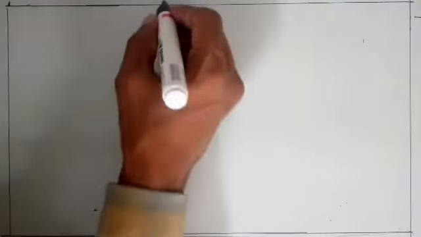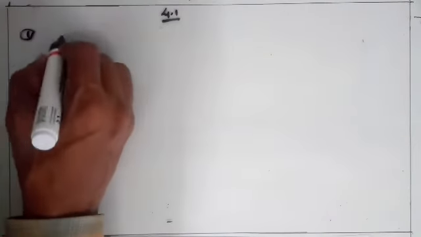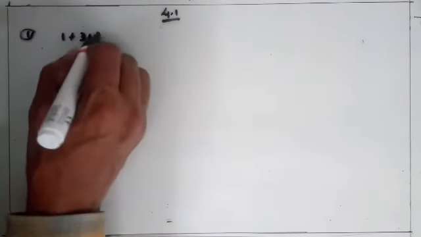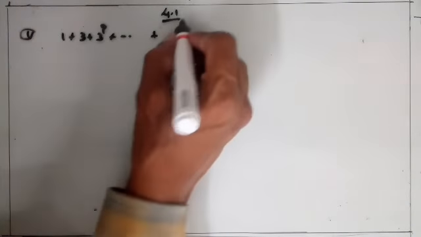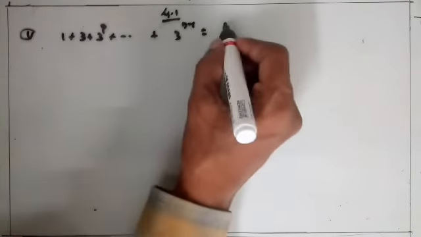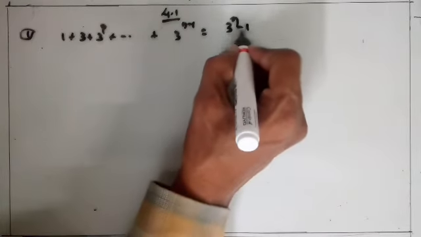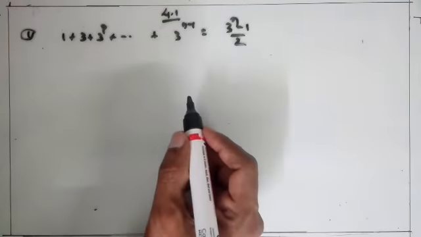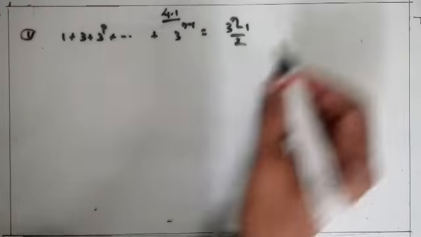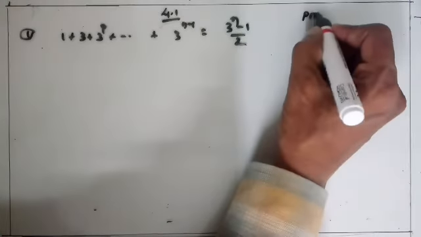Question number 1 of 4.1. First question: 1 plus 3 plus 3 square plus up to 3 raised to n minus 1 is equal to 3 raised to n minus 1 upon 2. Prove this by principle of mathematical induction, in short PMI.